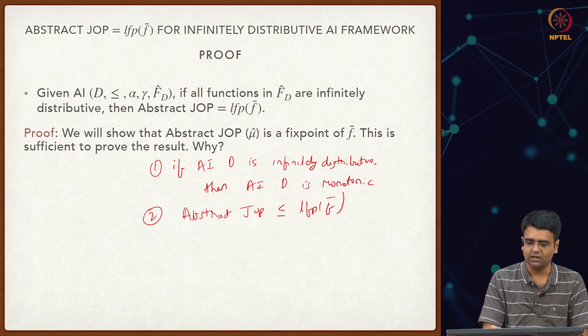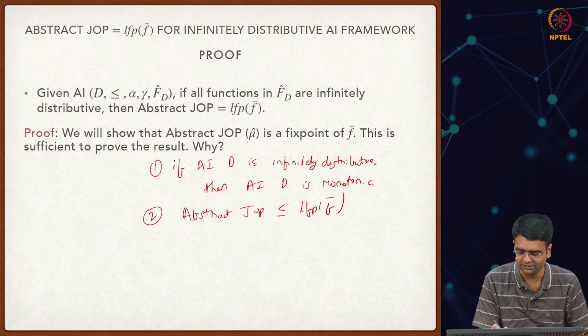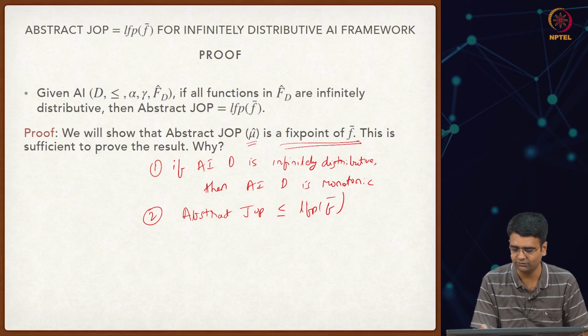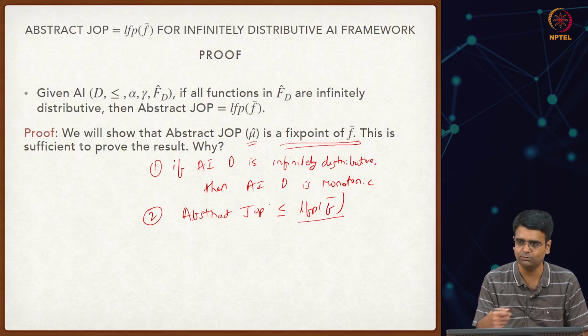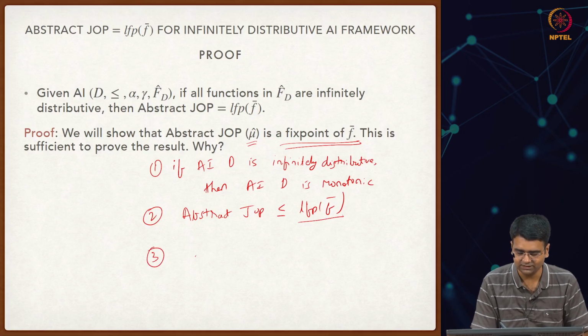Now if you also show, in addition, that this abstract GOP, which is mu hat, is a fixed point of the function f bar, remember that LFP of f bar is the least fixed point of f bar. So that would mean that the LFP of f bar will also be less than or equal to the abstract GOP.